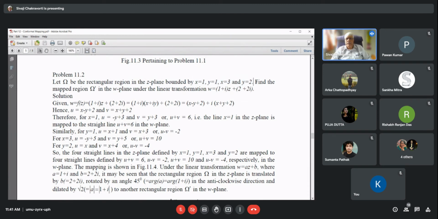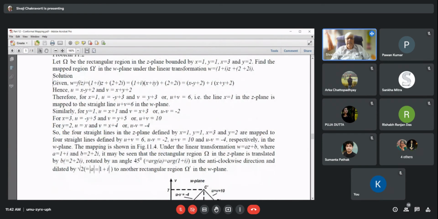Now the problem is that I have this f(z) function, which is the same as the previous problem, but find the mapped region. Now it is no longer a point, but the mapped region on the W plane, which is capital omega prime. This is exactly what we do in conformal transformation, where an entire shape is mapped to the W plane.